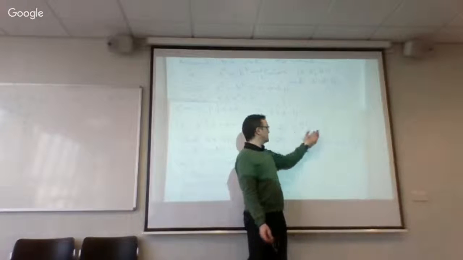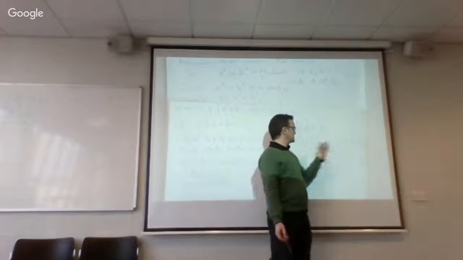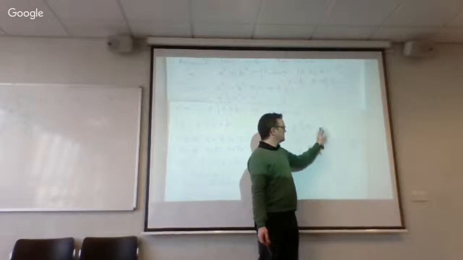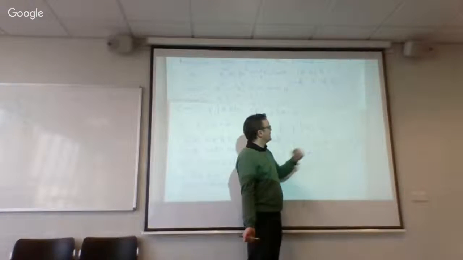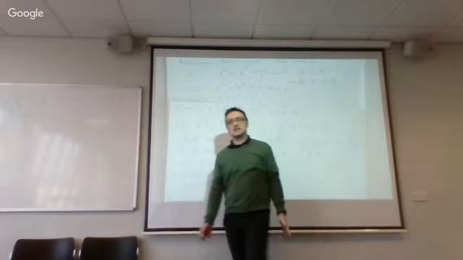If a minus b is between these two, the only multiple of p that's in here is 0. But a minus b cannot be 0 because we're assuming that a is not the same as b. So again, a contradiction. So that's good. Both possibilities, both cases, have ended in a contradiction.